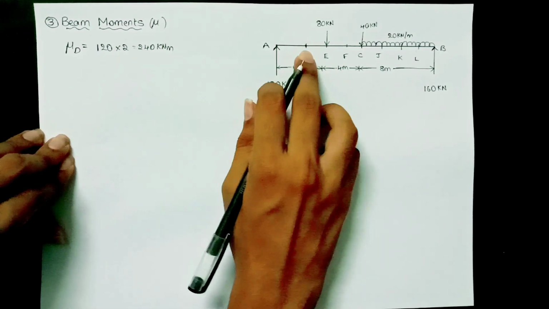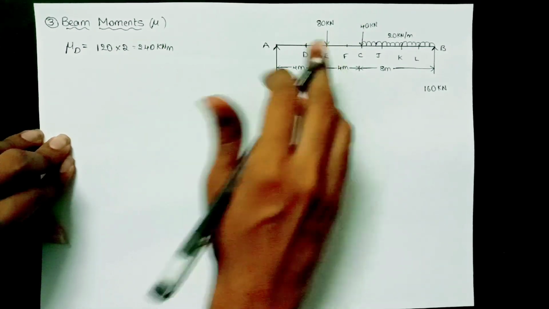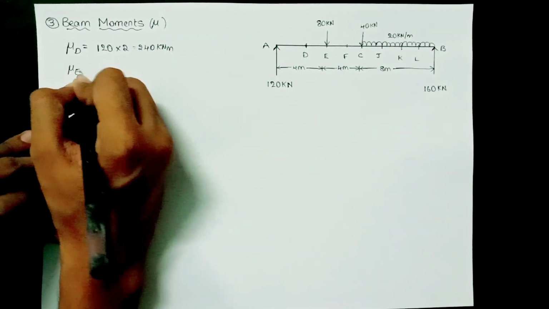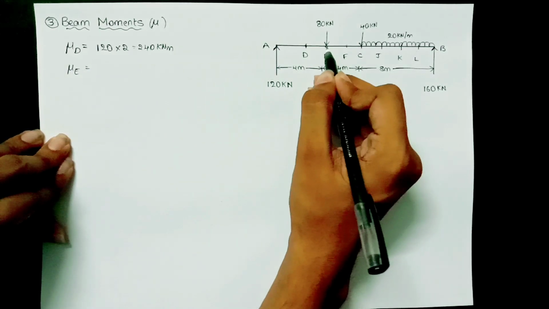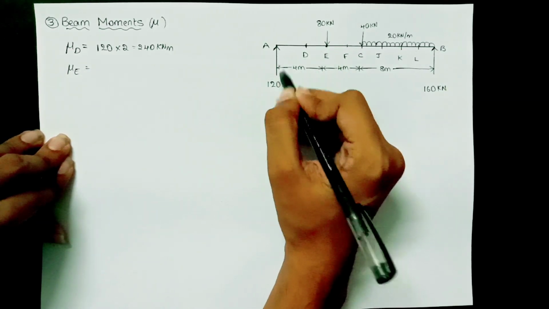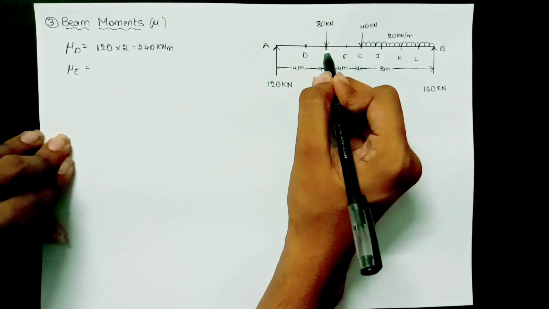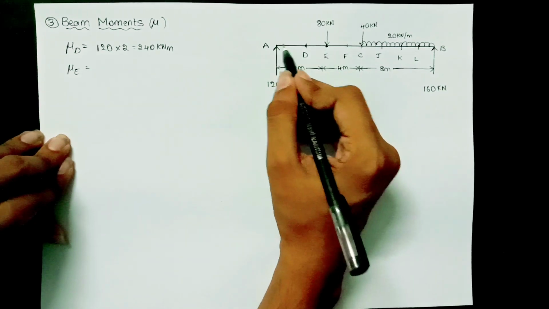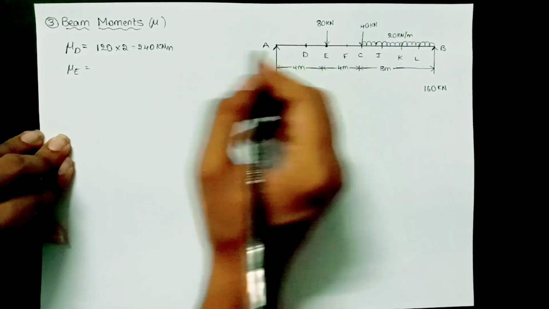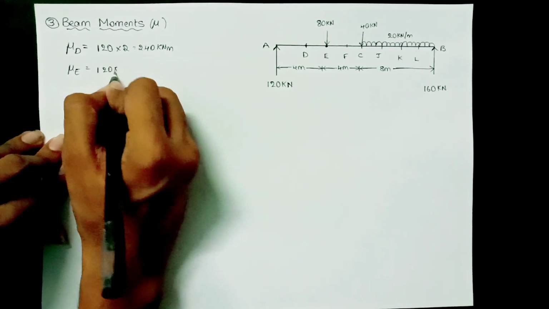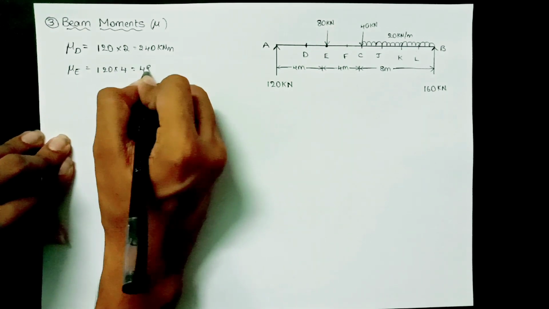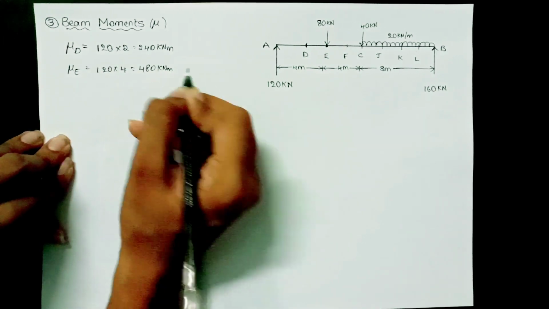Now after D we have to calculate the moment at E. So mu E: taking the moment about E, force 120 into the perpendicular distance 4, is 480 kilonewton meter.